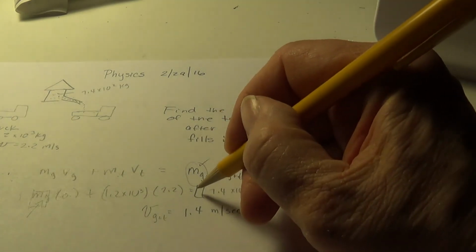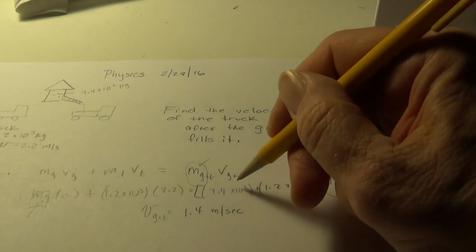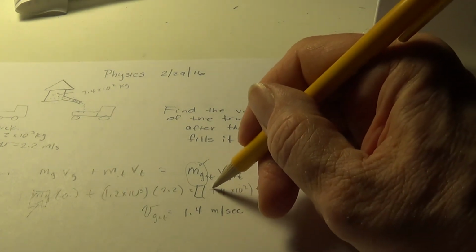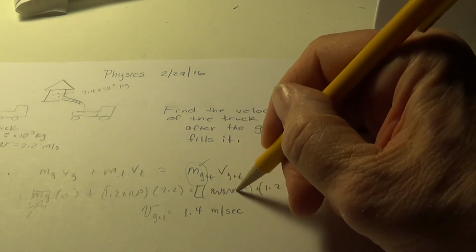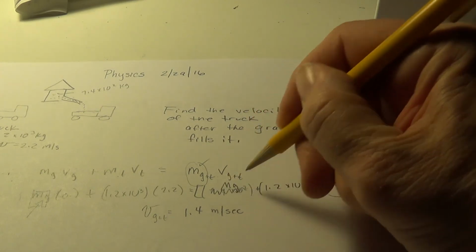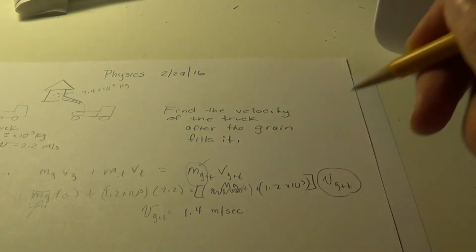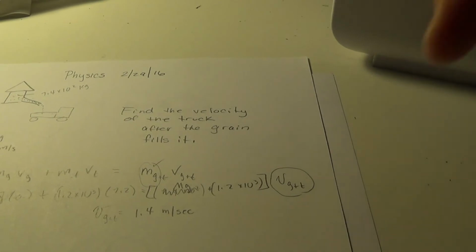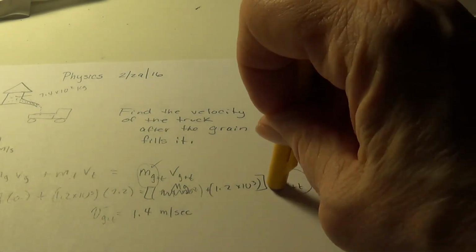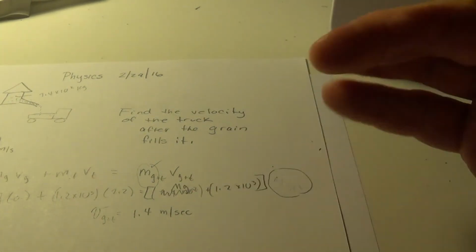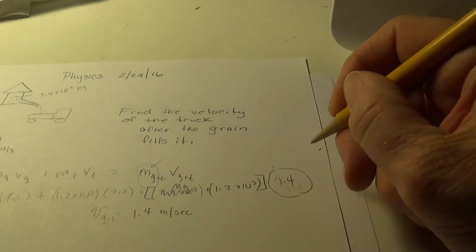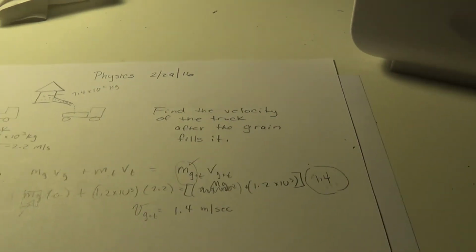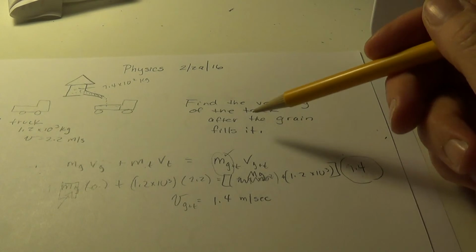So that would have been another number in here. Right here, this would be the mass of the grain would have been unknown, mg. And then we would know the mass of the truck, and we would know this number. So suppose we knew this number, and we happen to be 1.4. Could you calculate the mass of the grain that went into your truck?